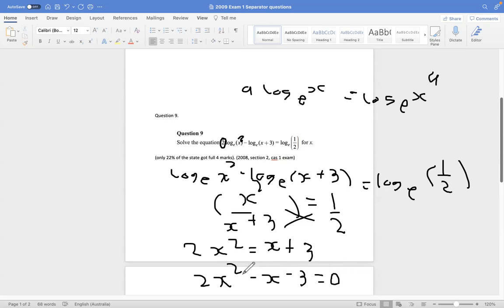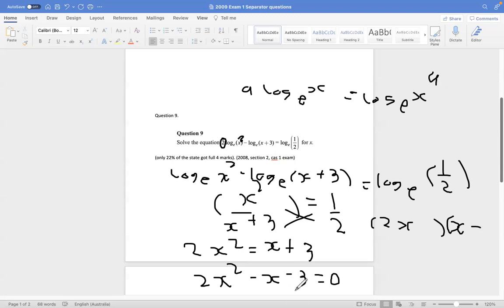This is a quadratic. That's why I'm making it equal to 0, because if I make it equal to 0, I can factorize. So now we have 2x. So finding two terms that multiply together to equal 2x squared, so the a terms.